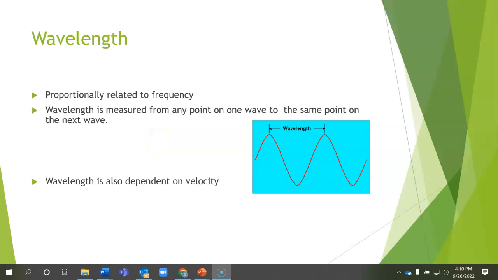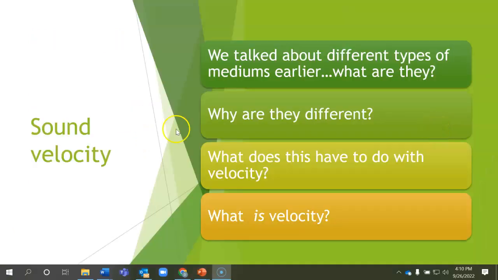But wavelength is also dependent on velocity. So sound velocity is another concept. And earlier we talked about the different types of mediums. And those mediums are solid, liquid, and gas.